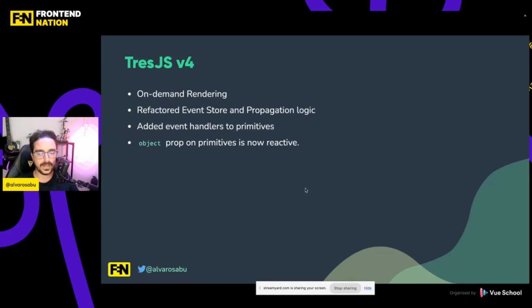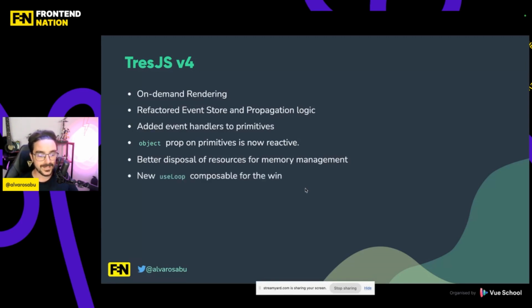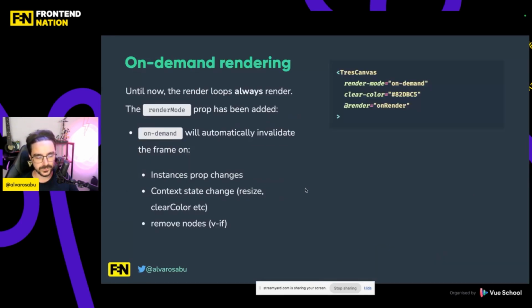It was plain and now it's reactive, so you can dynamically change it. We added better disposal of resources for memory management, especially for the memory leaks on route change. And at the end, this was a little rush, but after months of discussing with the core team about the useLoop composable, we managed to make it happen with V4. At the end, we also fixed a lot of issues and bugs along with these new features.